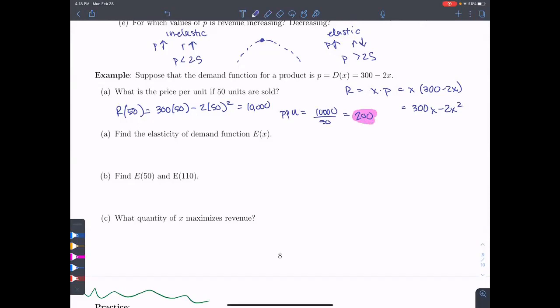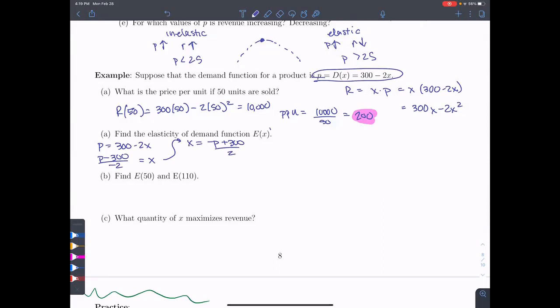Find the elasticity of demand function. So we want to get f of P again. So we need to do that first. So P is 300 minus 2X. So P minus 300 divided by negative 2 would be X. Or you could say X equals negative P plus 300 divided by 2.